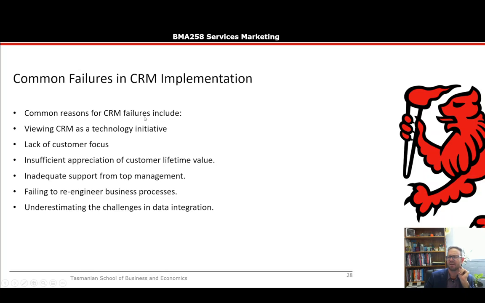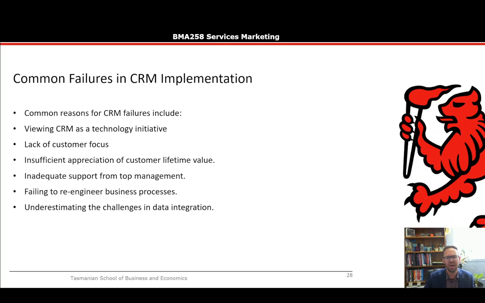Common failures of CRM implementation are viewing CRM as a technology, which it is, but it's much more than a technology. So you can't just buy the software and expect it to work, right? You need to buy the software, but then train your staff how to use it. But more importantly, employ people that understand how marketing works so that they know not just how to functionally use it, but the strategic directions of how to do it.